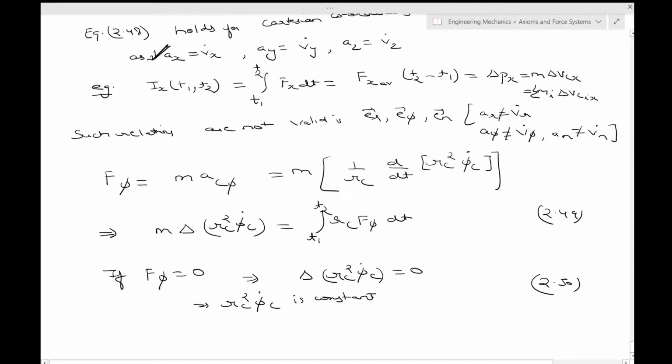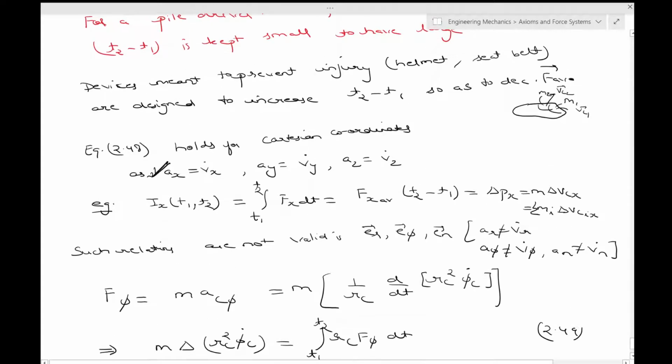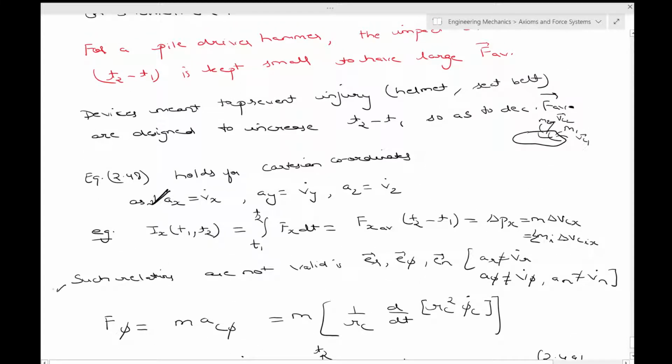This implies that RC into VC phi is constant, because VC phi can be written as RC phi dot C. Okay, so this is what we get now, and that's the reason we cannot have this relation being used in any system other than the Cartesian coordinate.